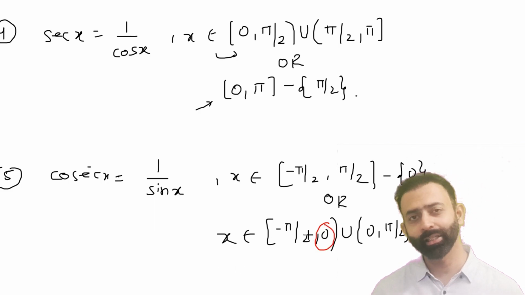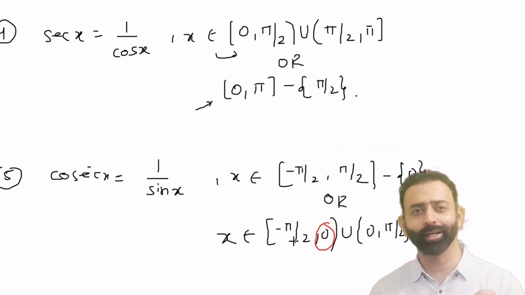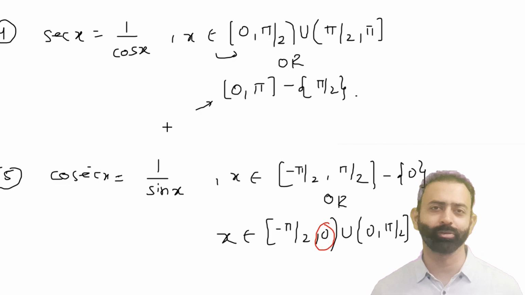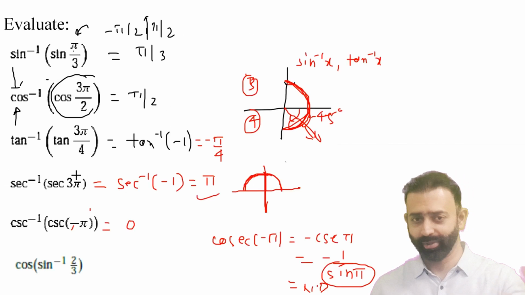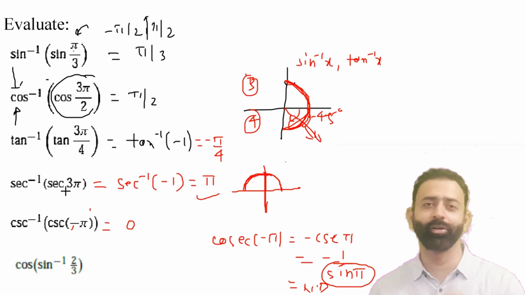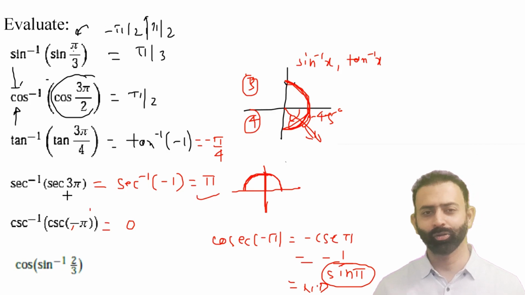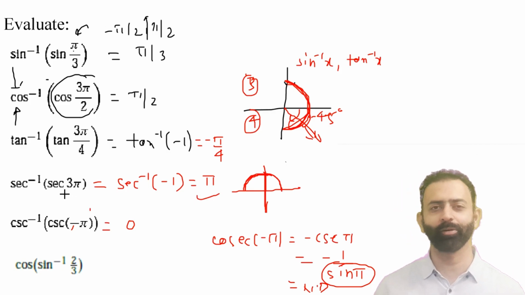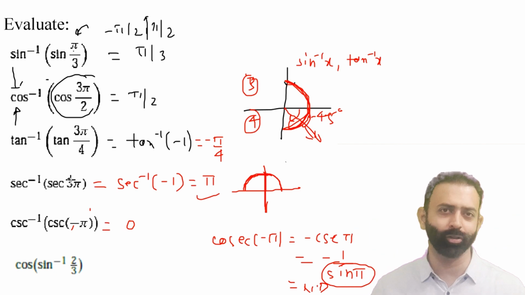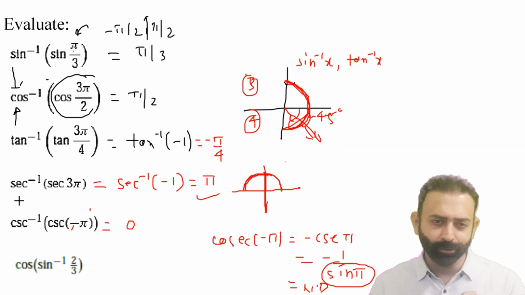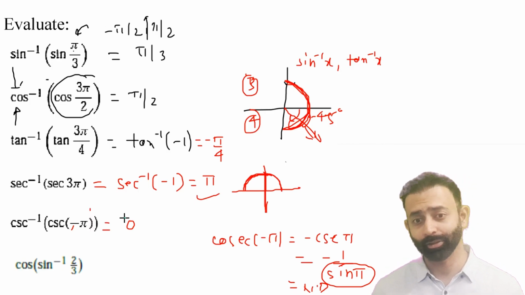Where these functions are not defined, we have excluded those values. So do not write 0, or if sec is given to you as not defined, do not write the answer as some odd multiple of pi/2, because that is not part of the domain of sec x. We have already excluded those problematic points. So the answer is: does not exist.